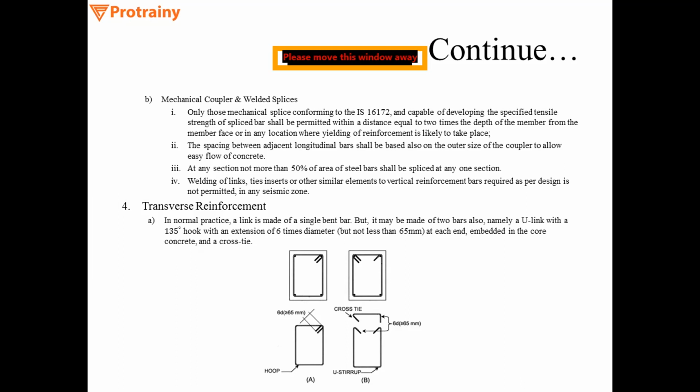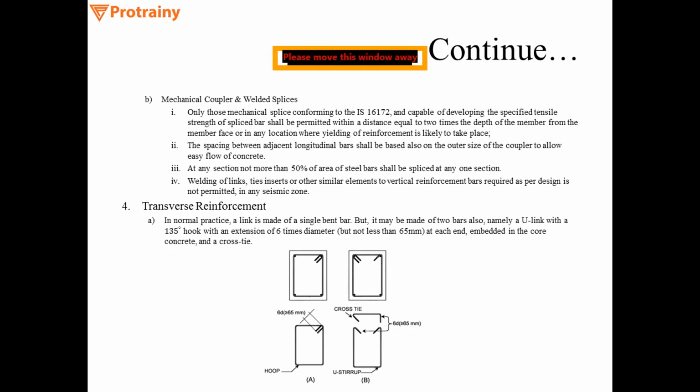So the spacing between adjacent longitudinal bars shall also be based on the outer size of the coupler to allow easy flow of concrete. Two bars should be spaced in such a way that concrete can be poured while casting a member, and it can be vibrated properly, so that there are no sufficient amount of voids.